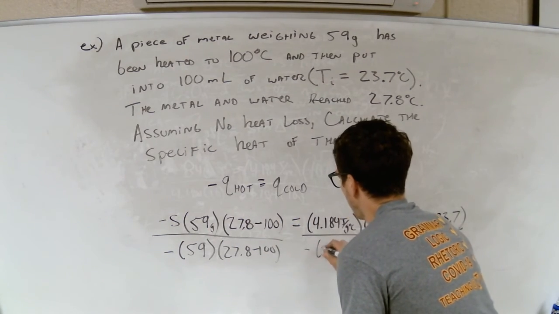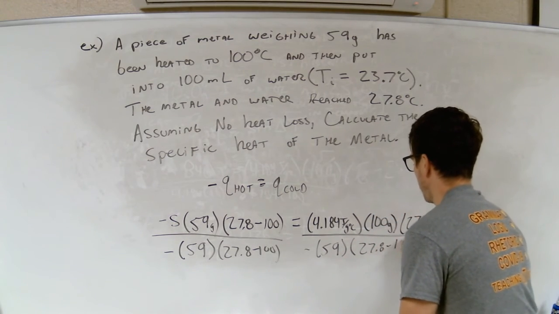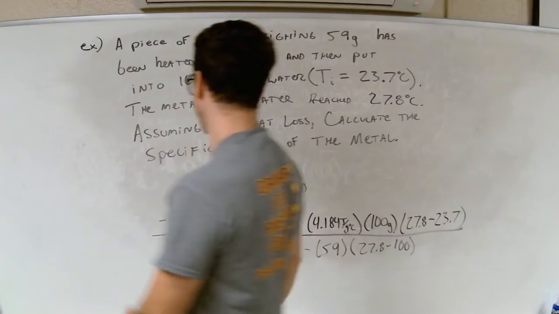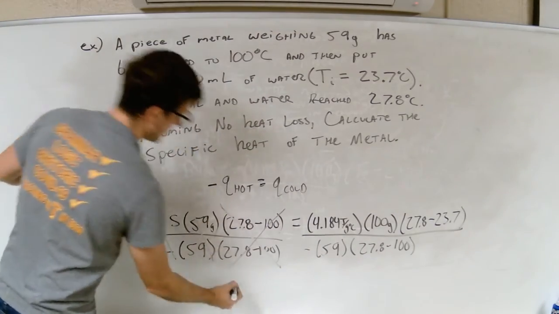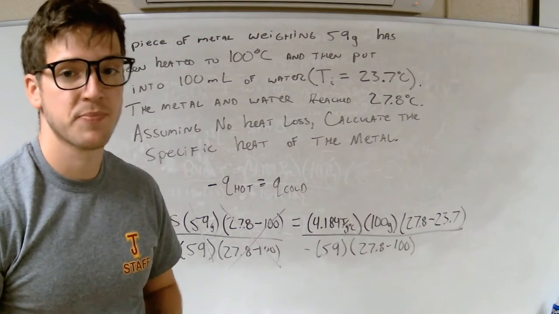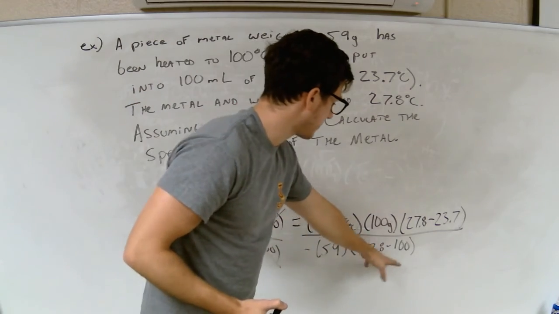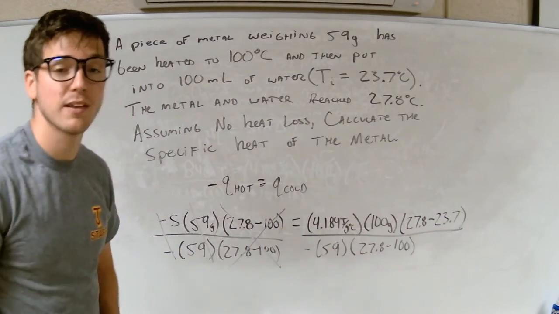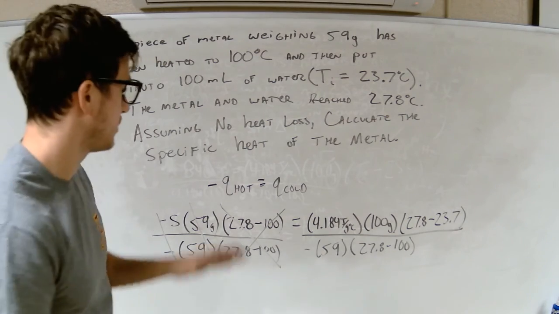So negative 59 times 27.8 minus 100. So everything cancels out except for specific heat of the metal. And you'll notice that this negative and this negative will cancel out and your answer will be positive, so you know you're on the right track. Okay? We simplify what we can.